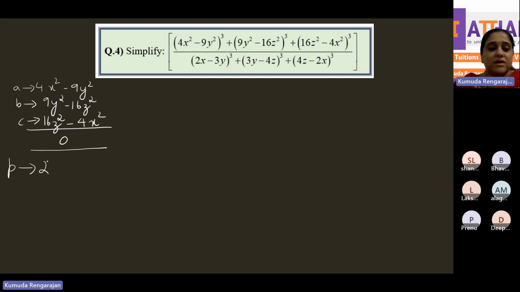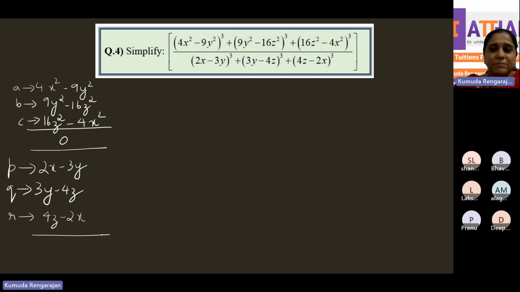The remaining thing is P. So 2x minus 3y. Then Q, 3y minus 4z. And R, 4z minus 2x. Now find P plus Q plus R. So 0 again: 2x minus 2x plus 3y minus 3y plus 4z minus 4z is 0.